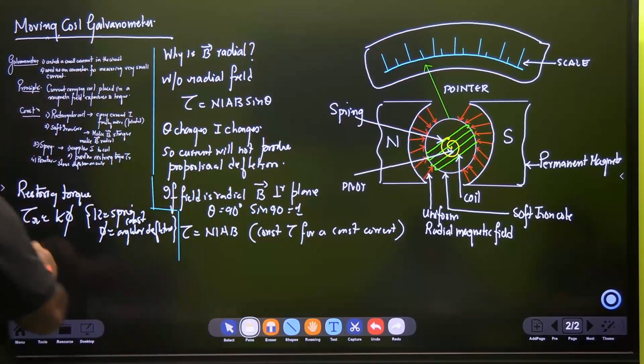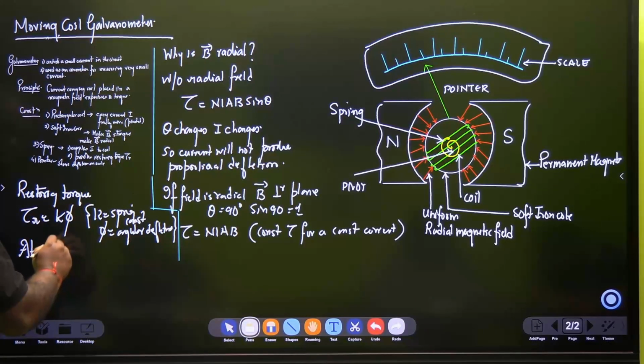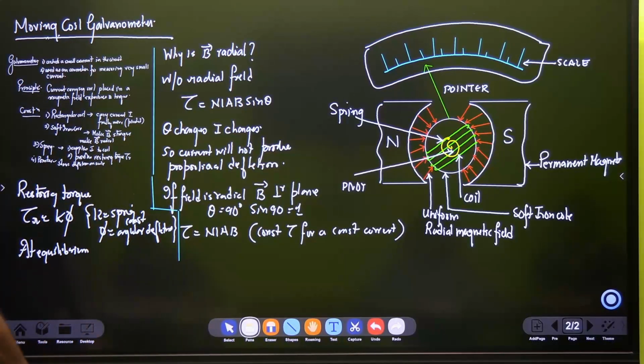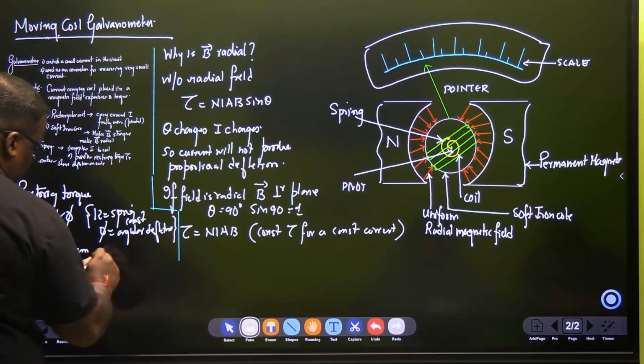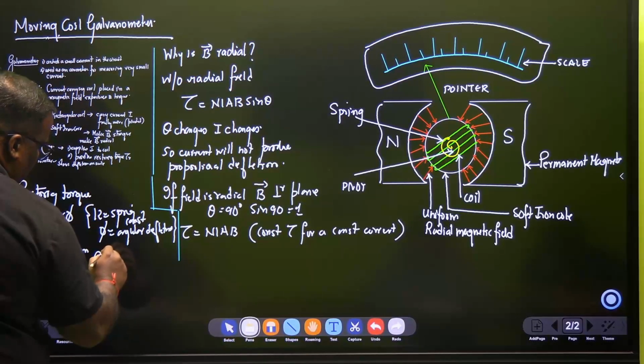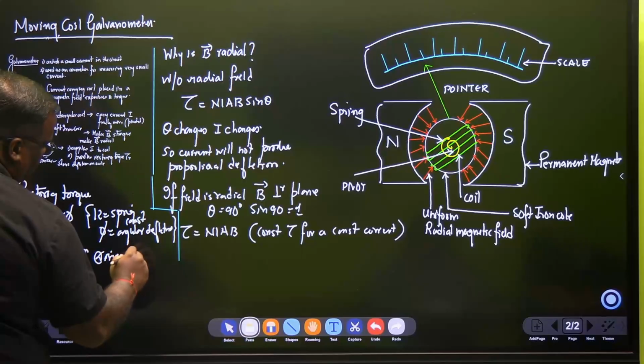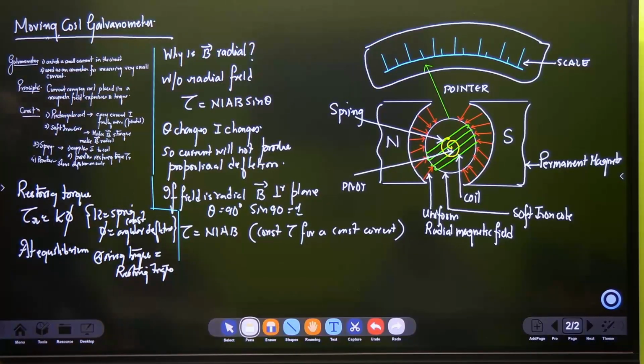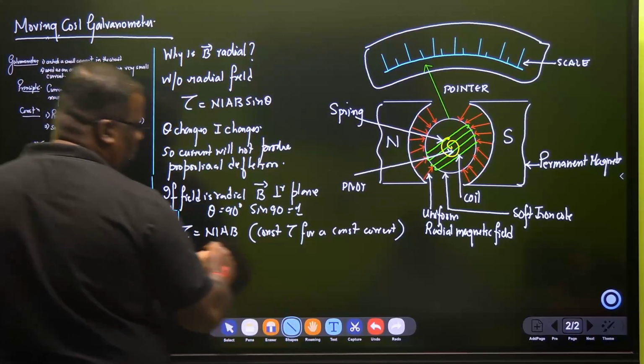So at equilibrium, the turning torque, or whatever you say, the driving torque, must be equal to the restoring torque.